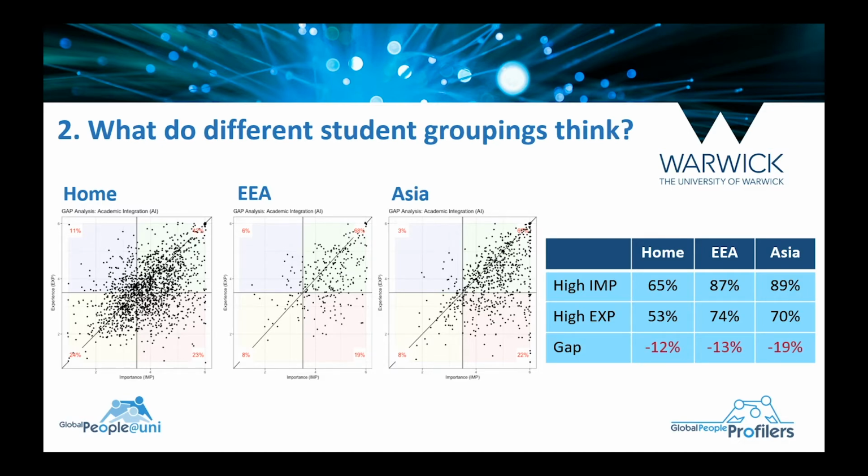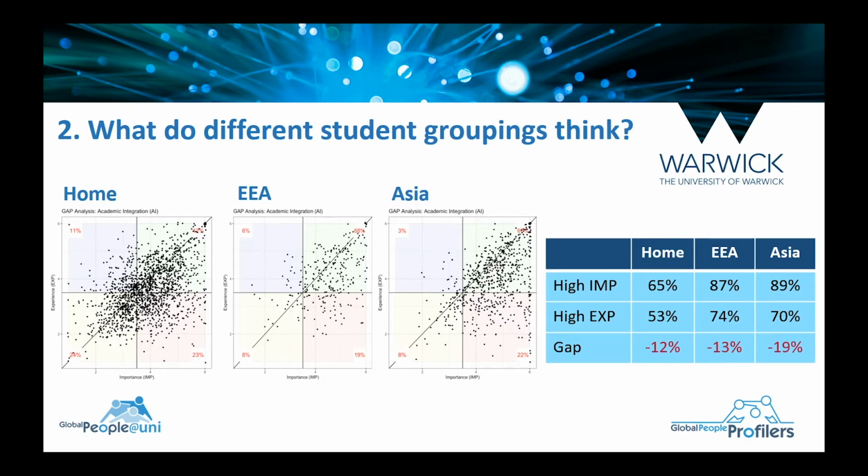Then if you look, although the overall pattern is somewhat similar, if you look at the table on the right-hand side of the slide, you'll see that 65% of home students attach high importance or importance to academic integration, whereas the EEA and the Asian students attach much greater importance to it. 87% and 89% attach importance to it.